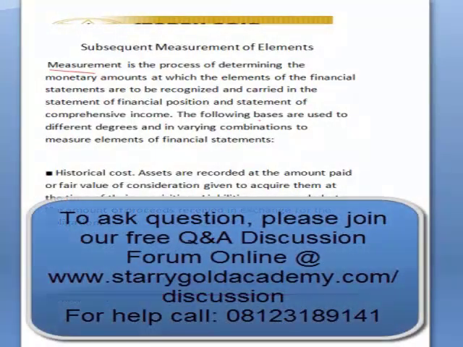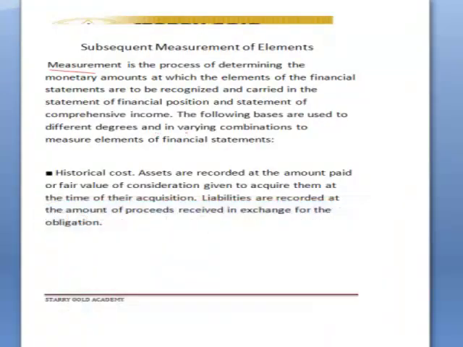The following bases are used, to different degrees and in varying combinations, to measure the elements of a financial statement. Number one, the subsequent measurement will be historical cost. Of course, you know it is peculiar with financial accounting.